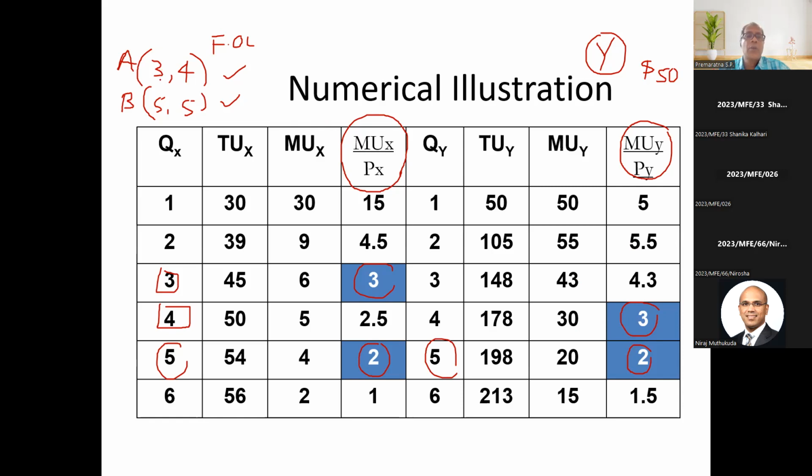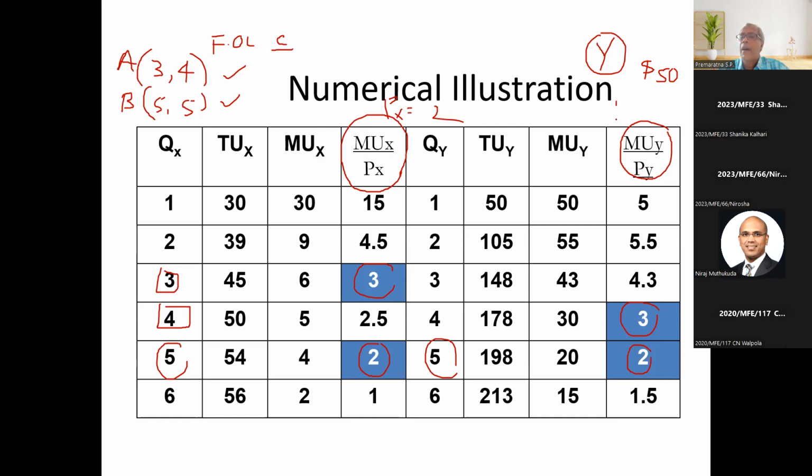For the first basket, we have to look at how much we have to spend, the cost or expenditure. For basket A, the price PX is $2 and PY is $10. So that basket costs $46.